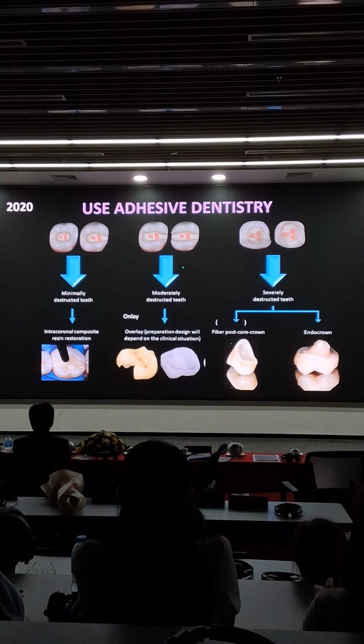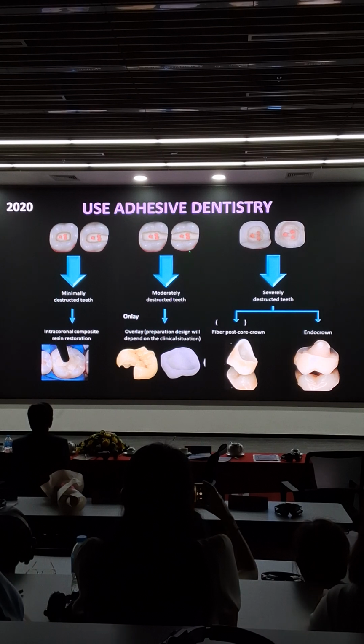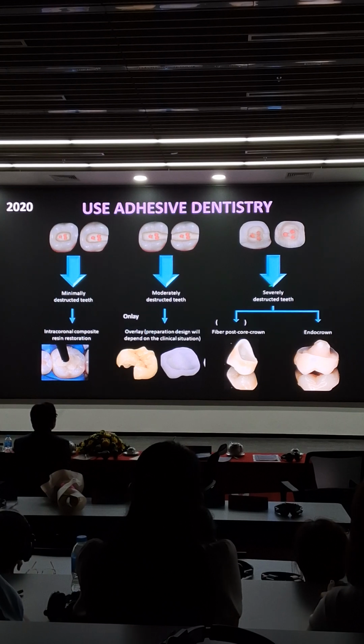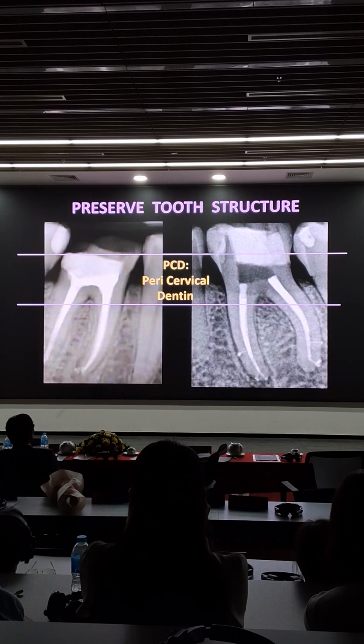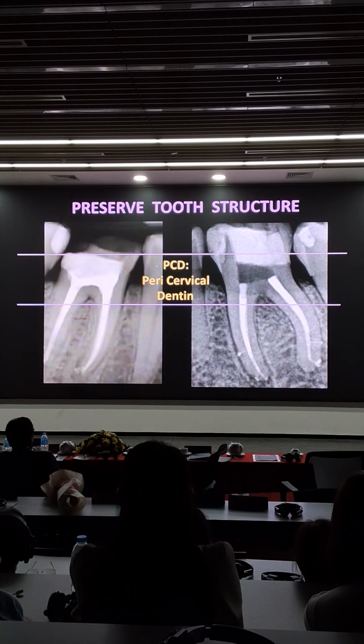If you have a tooth with moderate loss of tooth structure, you can do only an overlay. And if you have a tooth which loses a lot of tooth structure, here maybe we need to do a crown, and you do your endodontic preparation and restoration preparation to be as conservative as possible.